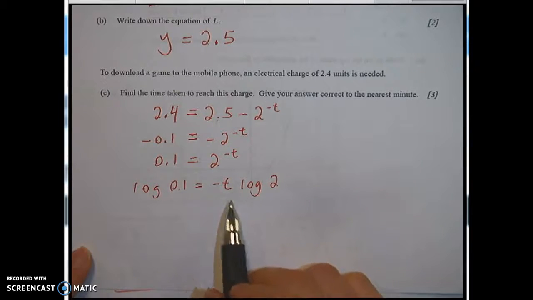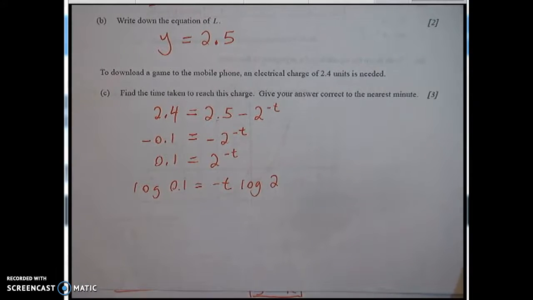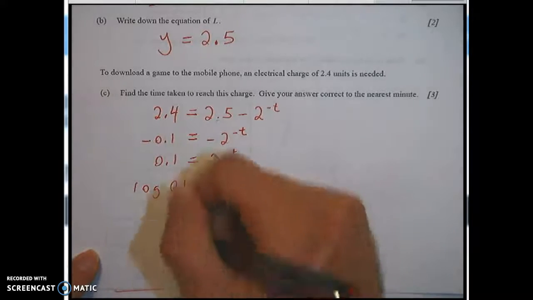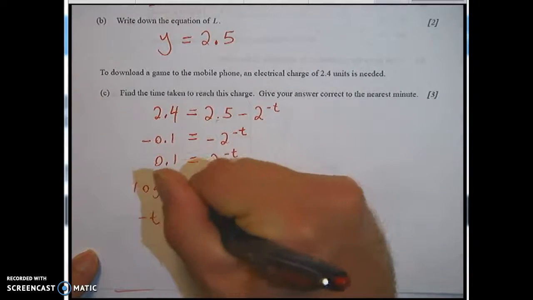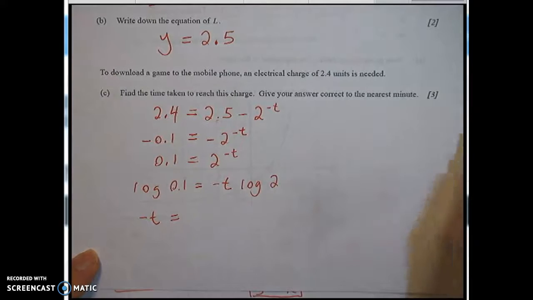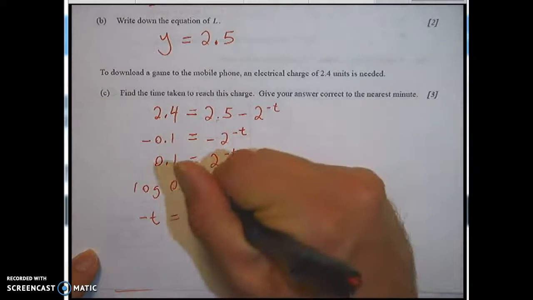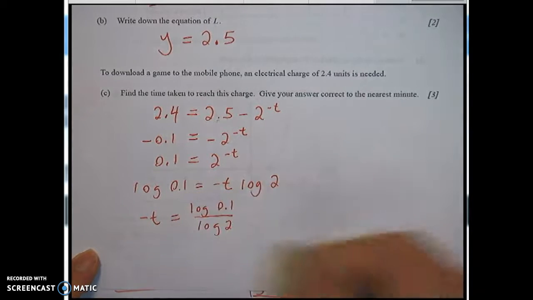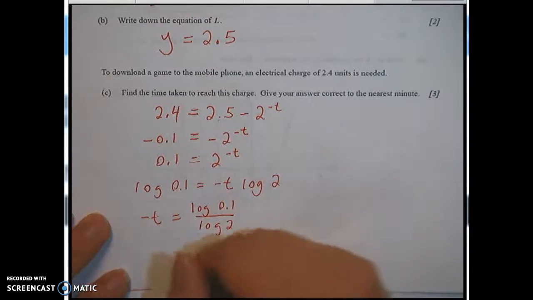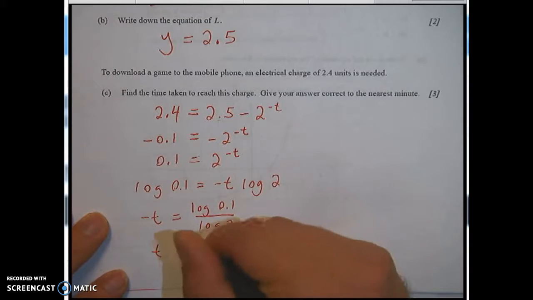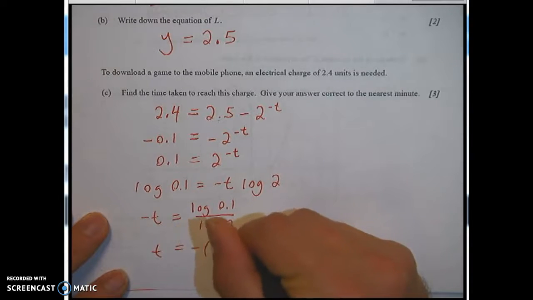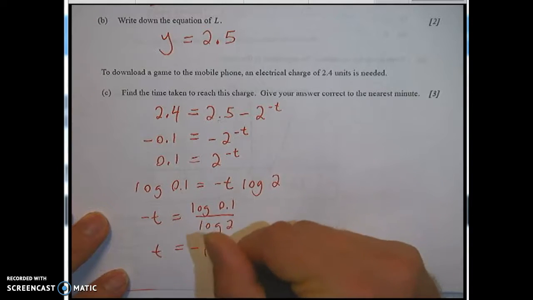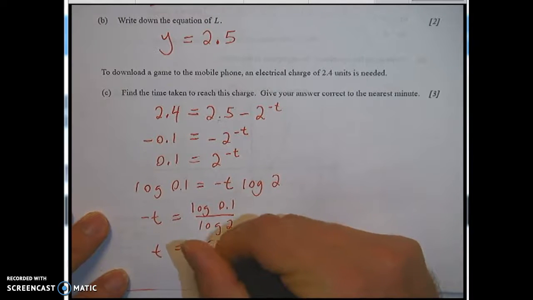To get negative t by itself, we're going to have to divide both sides by log of 2. So negative t equals log 0.1 divided by log 2. And I'm not interested in negative t, I'm interested in t, which is negative log 0.1 divided by log 2.